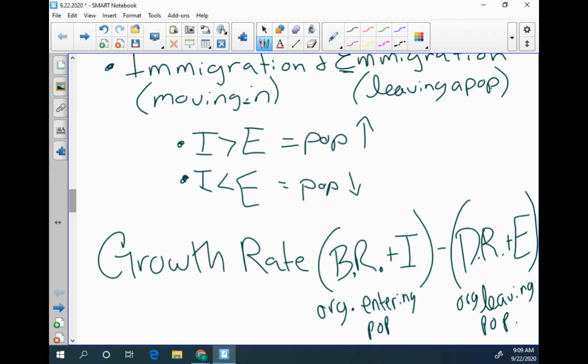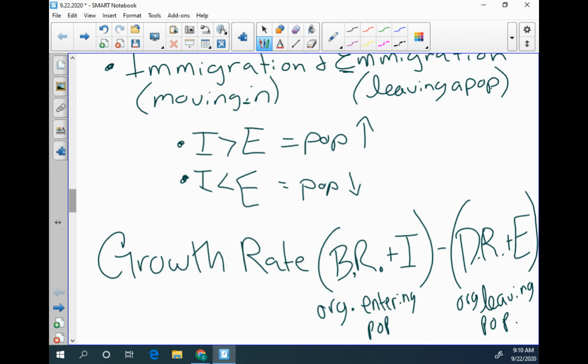This is typically reported as individuals per 1,000. So you'll see like 17 individuals per every 1,000 are born. So they take 1,000 individuals, they say, okay, 17 of them had kids. So we're going to say that out of every 1,000, 17 kids were born. And then they'll do that for immigration, emigration, and death rate. And we will get population growth rate out of 1,000, and then they'll just convert it to a percentage.